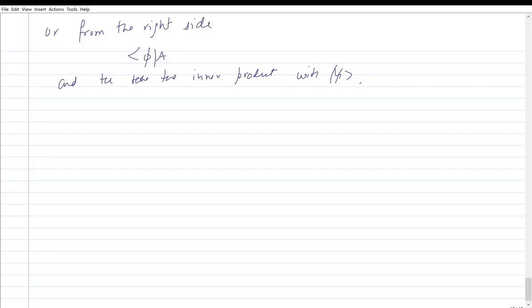So lastly, we come to projection operators. We've already seen projection operators when we briefly discussed measurements. So projection operators, essentially, let's consider the one-dimensional projection operators.